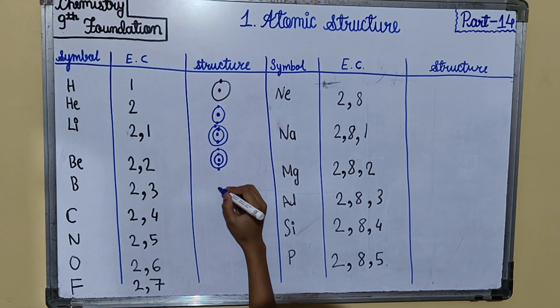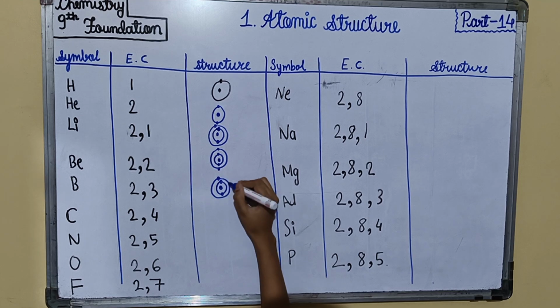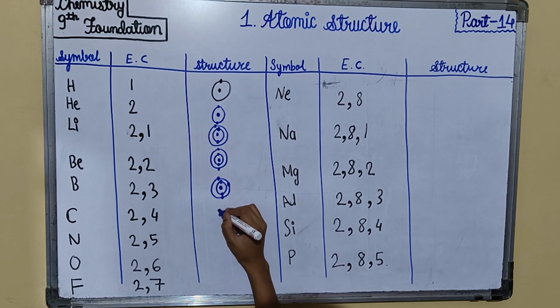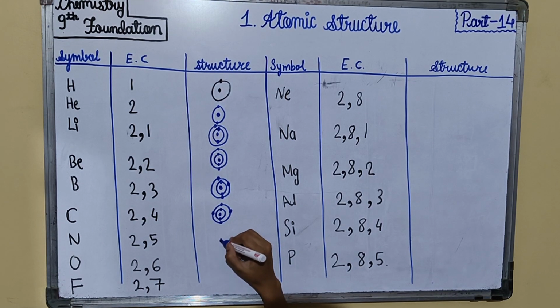Boron is this, and then carbon is this. Like this, sequence wise we have to draw the electrons.